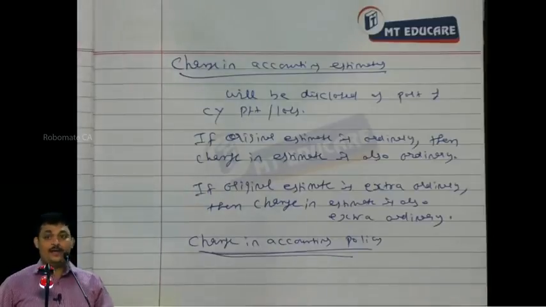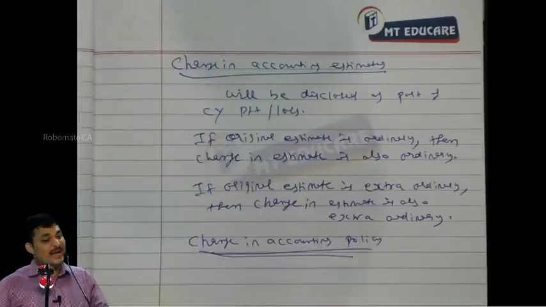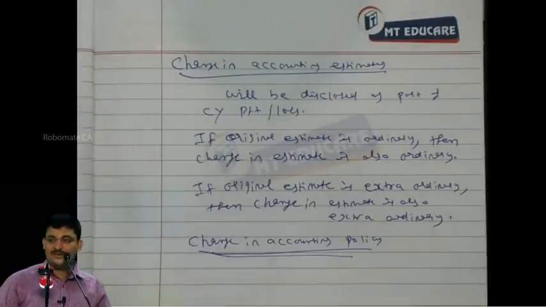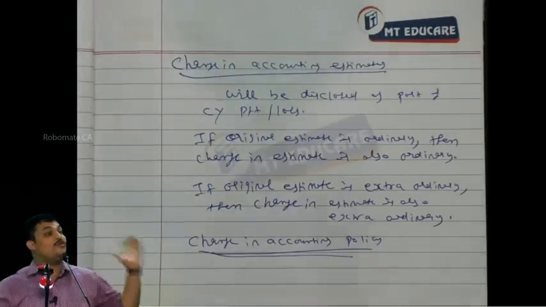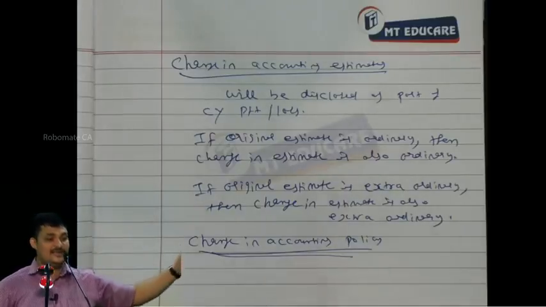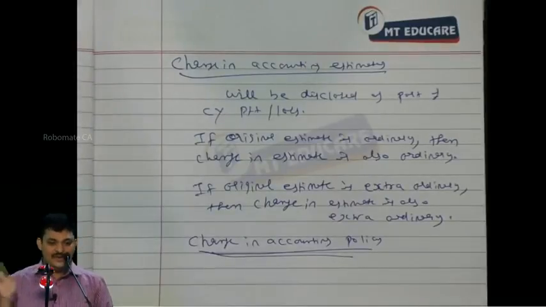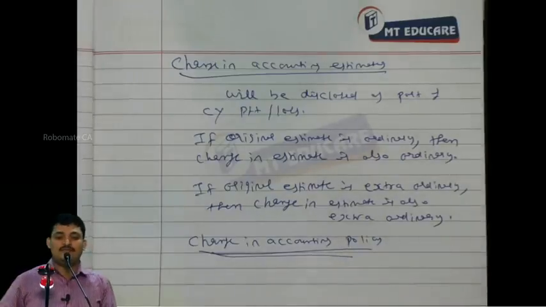So you should be in a position to very clearly distinguish these three components: extraordinary, prior period, and also those which are ordinary but exceptional. Ordinary but exceptional, not extraordinary. For example, arrears of wages, a huge amount of wages, last 5 years salary, arrears paid in the current year. Is it prior period or change in accounting estimate?